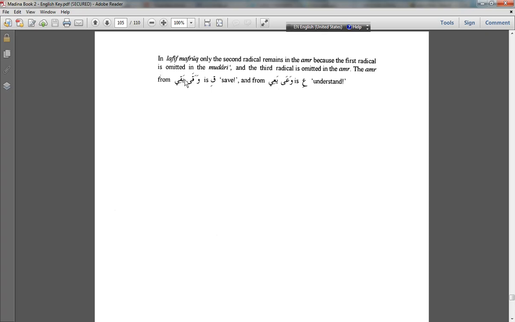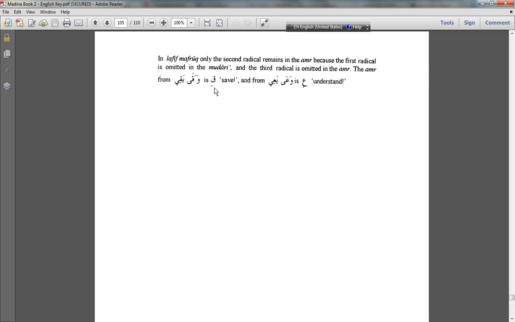If you remember how to make the amr, it's from the word taqi. You remove the ta from the beginning, it becomes qi, and in the halat of jazm, the ya is removed from the end, so all you're left with is qi.